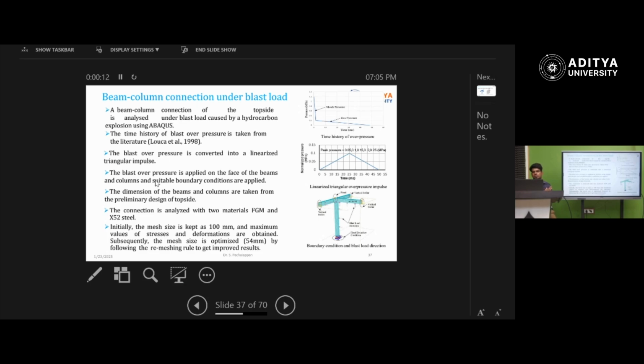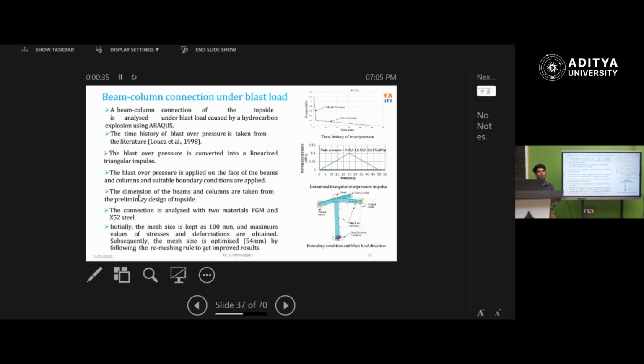Then this blast overpressure is applied on the beam and column surfaces. The dimensions of these beams and columns are chosen based on existing offshore structures. The analysis was made and the response is compared between FGM and X52 steel.